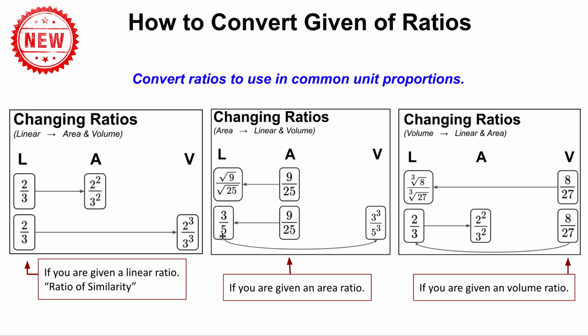And then if you have to work with a volume ratio also, you could just cube it like you did originally. And also, lastly, if you ever start out with a ratio that's volume, you have to convert it to linear first by cube rooting 8 and cube rooting 27, which turns into 2 over 3. And then you can turn that volume ratio into an area ratio by squaring it.